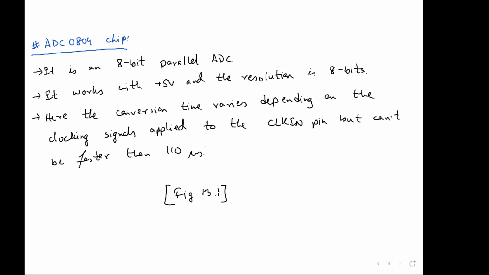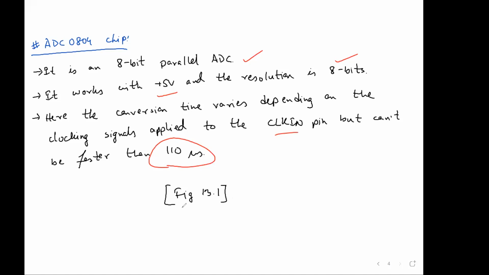This is the introduction of your ADC 0804 chip. It is an 8-bit parallel ADC. The resolution is 8-bit. It works with +5 volt, and the fastest conversion time can be 110 microsecond. It cannot be more than this, and it depends on the clocking signal applied to clocking.